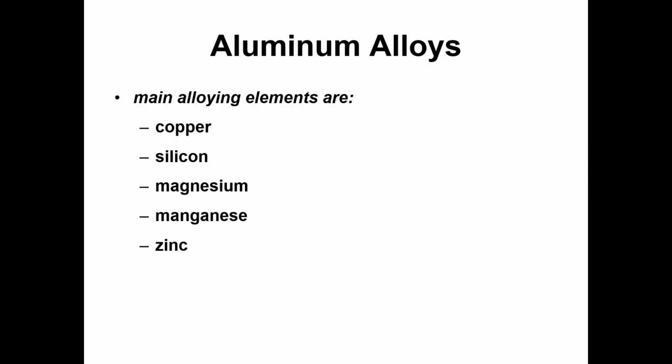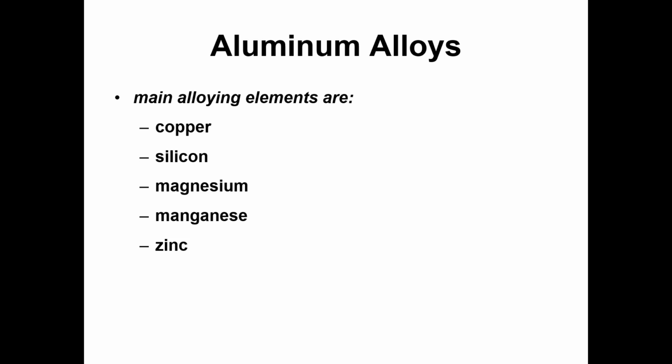This is a list of elements that are mixed with aluminum to make various common aluminum alloys. The biggest alloying element to aluminum is copper. A lot of common parts that are made of aluminum are actually an aluminum-copper alloy. They also add silicon and magnesium and manganese.